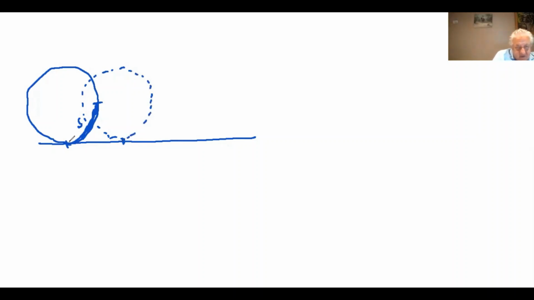So this is a distance S. Now what I want is a relationship. The linear velocity is going to be the velocity of the center of mass of the rolling body. This is my linear velocity. I'm going to call the tangential velocity by the same name.